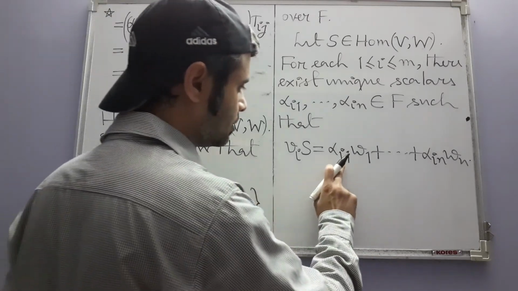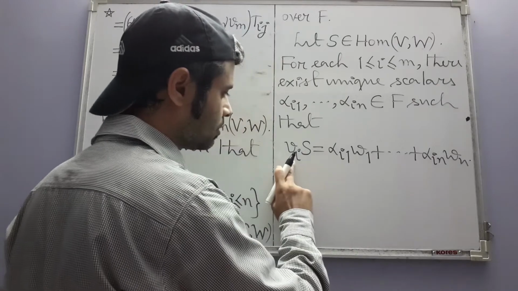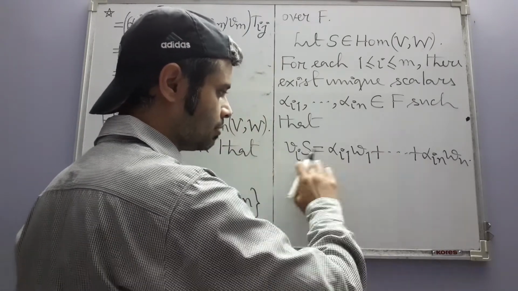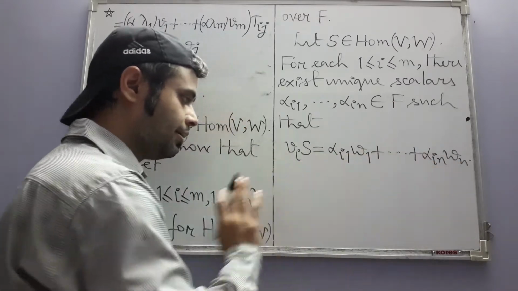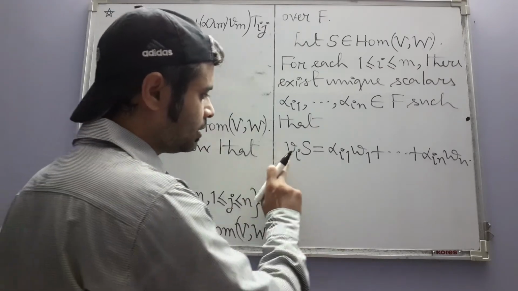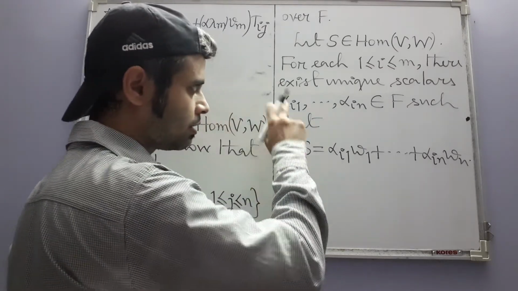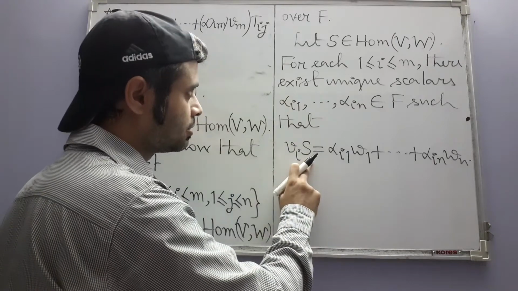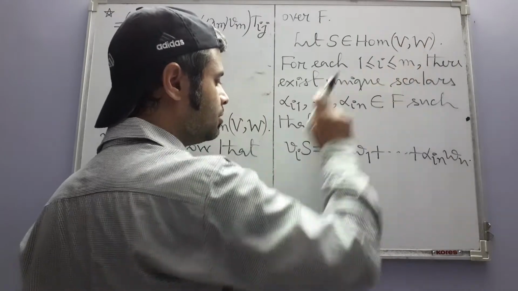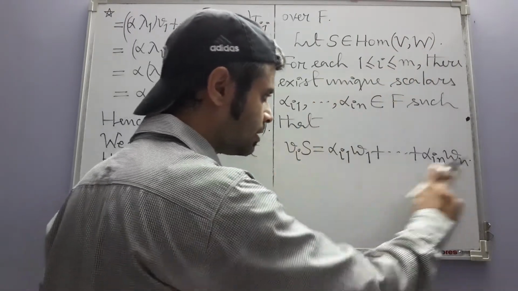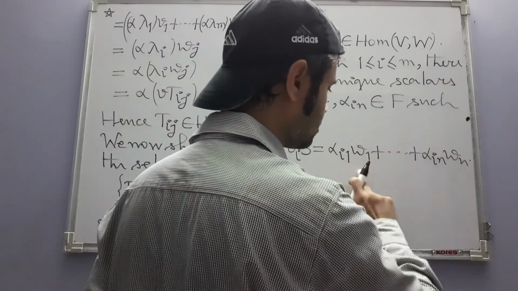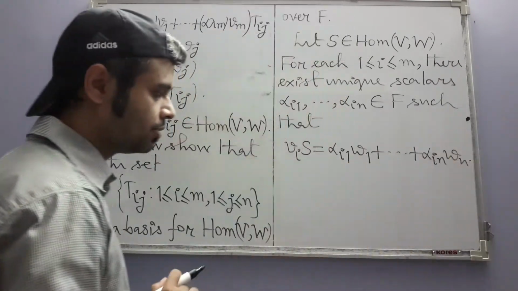That is because this first index i denotes the fact that this is the expression for V_i S. It's the image of Vi under S, and being the image of Vi, which is a vector in capital V, under S, and S is the function from V to W, this thing is of course in W, so it is expressible as a linear combination of the basis vectors in W, which are these Wj's, W1, W2 up to Wn.